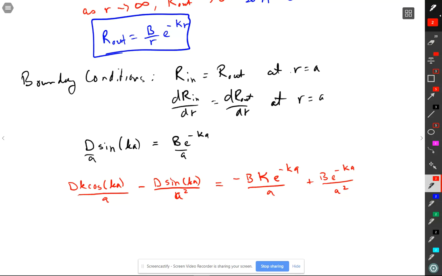That should be correct, right? I did the product rule and then put in the A's immediately. In your homework, you should show the intermediate step.